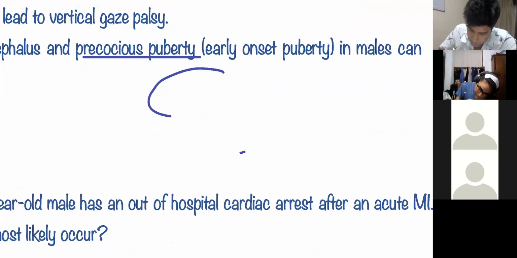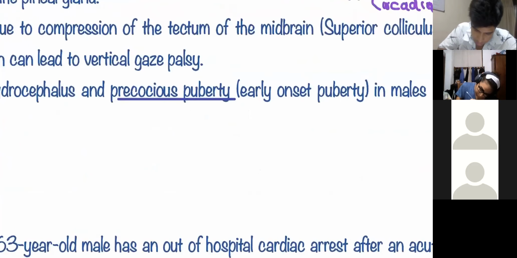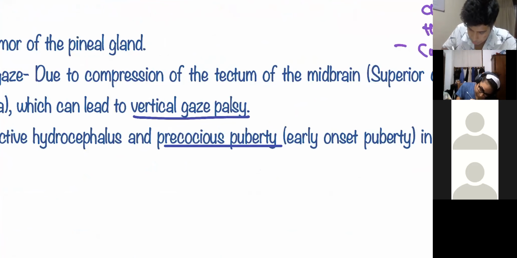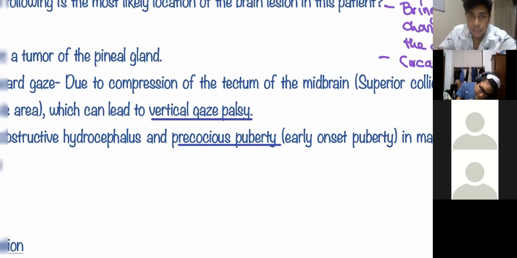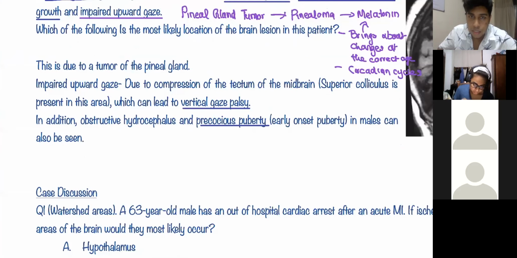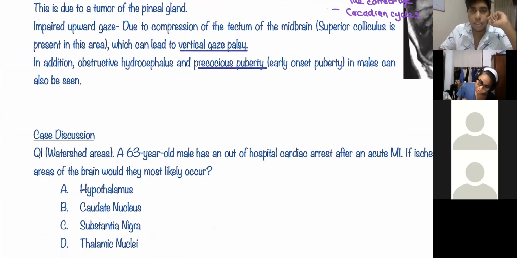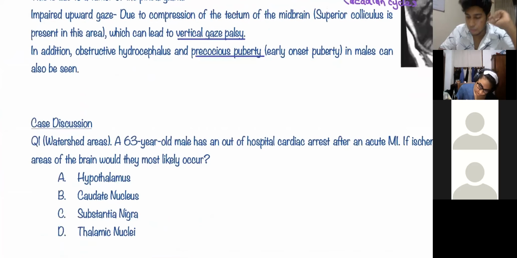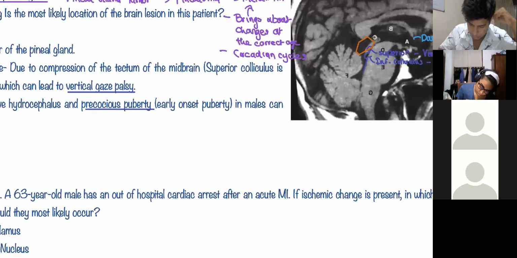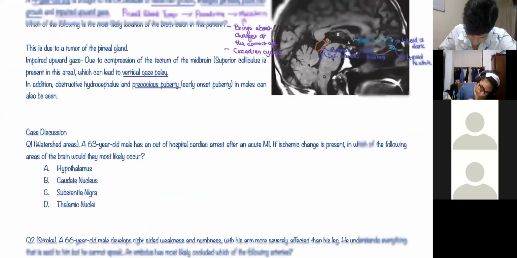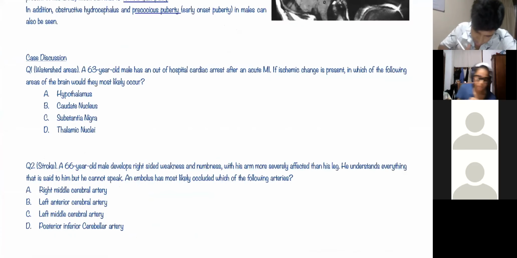So when there's damage to the superior colliculus, it can lead to vertical gaze palsy. Okay. Don't worry. Once I do the topic on ophthalmology, these things will be really easy. You don't have to memorize anything. So yeah. Okay.